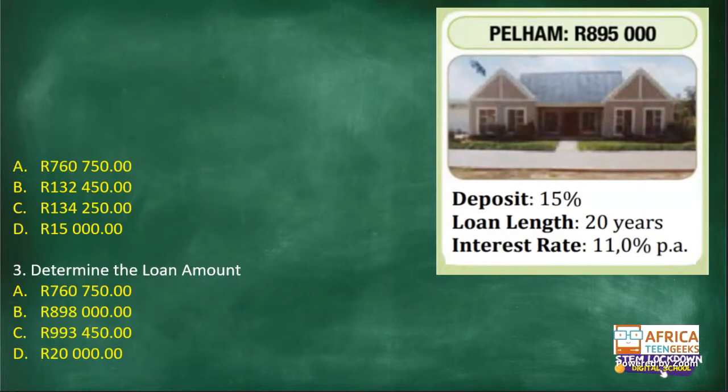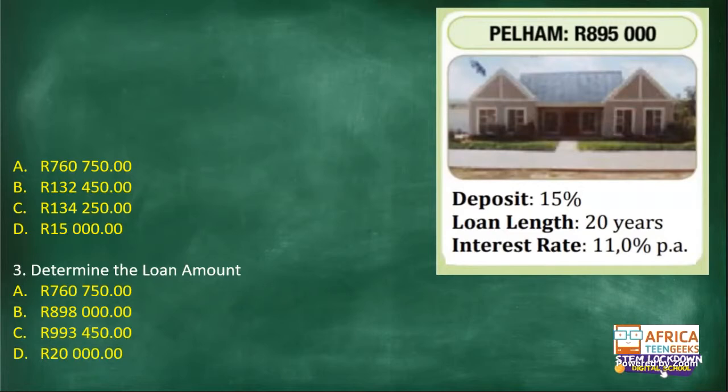So just to recap, once again, before we proceed to the next slide, we have a house which is sold here for 895,000 rands. And of course, we are told that the deposit amount will be 15%. If you ask anybody what is 15% of 895,000 rands, you need to calculate the 15% of 895,000 rands. And 15% simply means 15 out of 100.